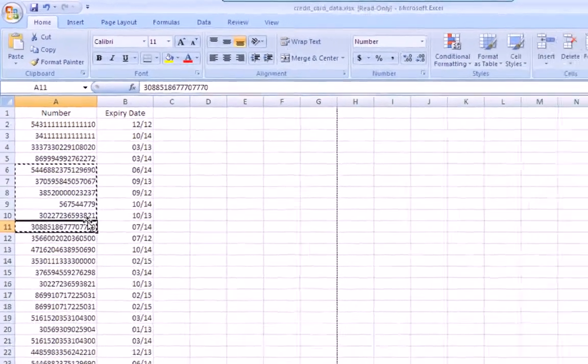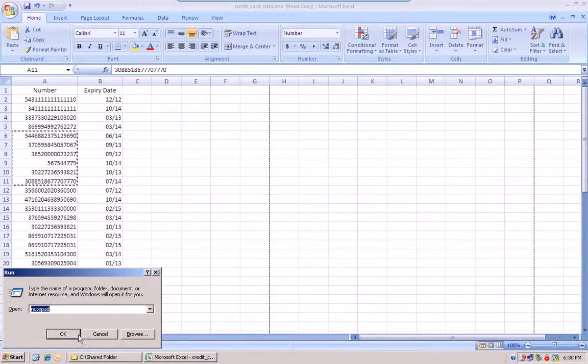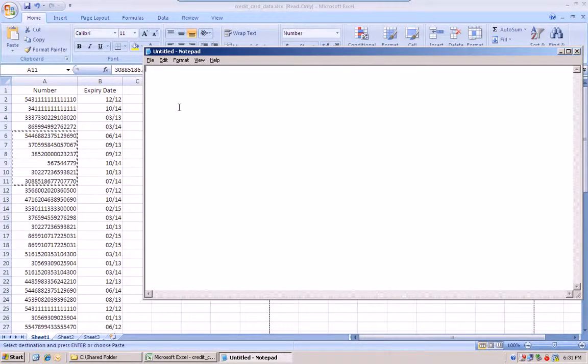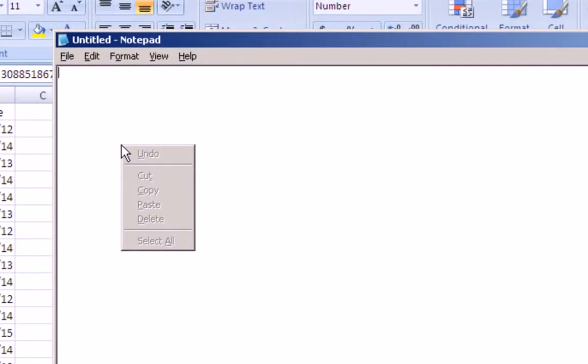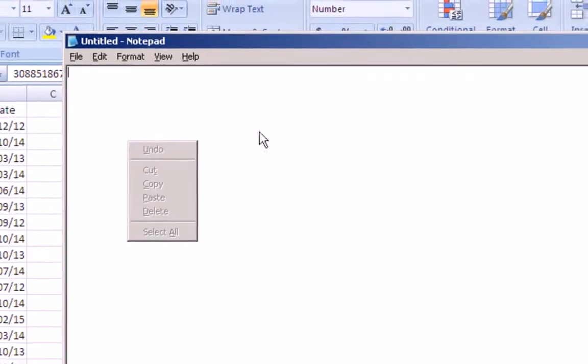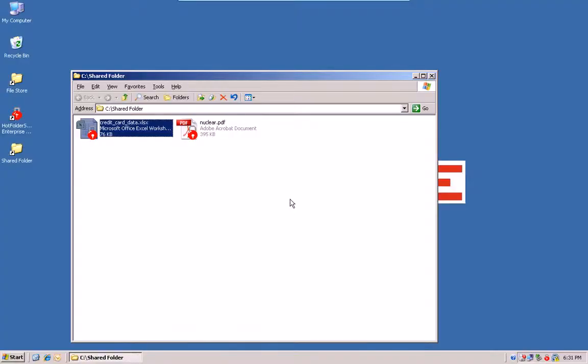So let's say copy, and let's open our Notepad and see if we can copy content out of this document. As you can see, this user has been restricted from copying content out of the document. So as the head of the finance department, this user can print the document but cannot do anything other than that.